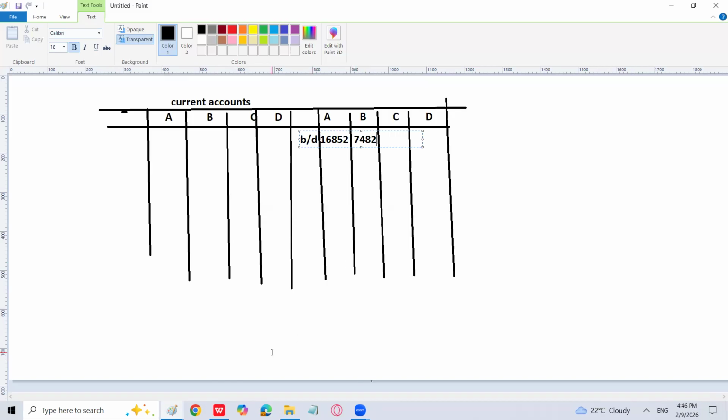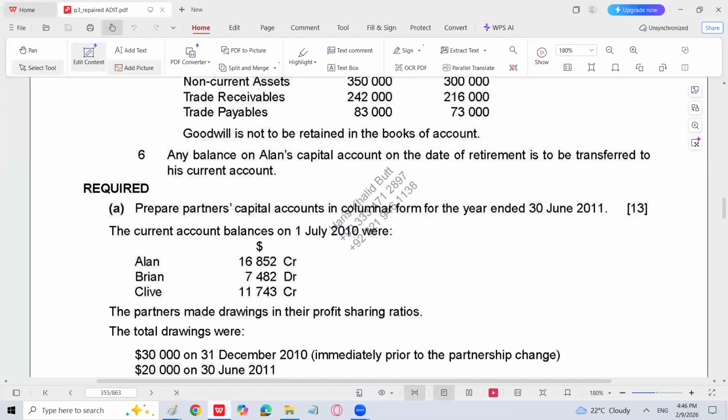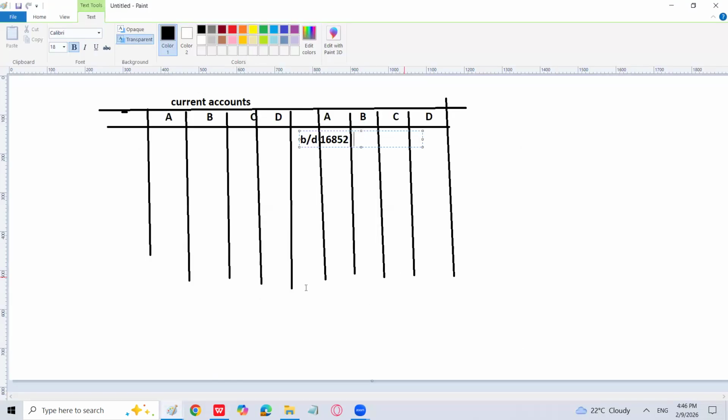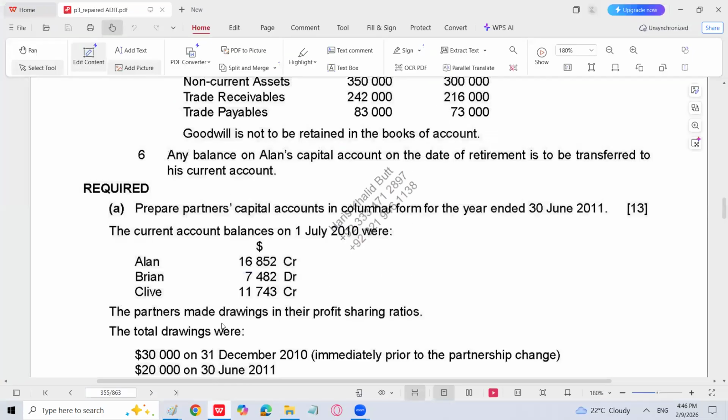Debit है 11743 credit. I will write here for Brain 7482. It is a loss actually. And for him 11743, it has a credit balance. I'm talking about Clive. It is given that it has a credit balance of 11743.